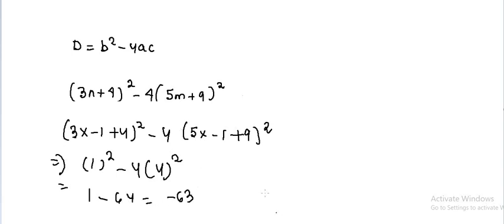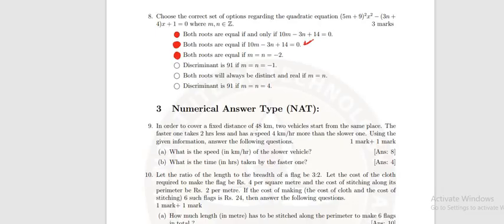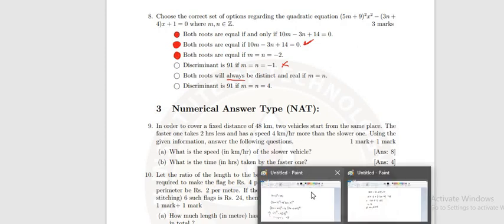So it is clear that when m is equal to n is equal to minus 1, the discriminant is coming as minus 63. So this option is incorrect. Moving on to option C, here we have to prove that both the roots will always be distinct and real if m is equal to n. But in the previous option we saw that m was equal to n, but the discriminant came up to minus 63.